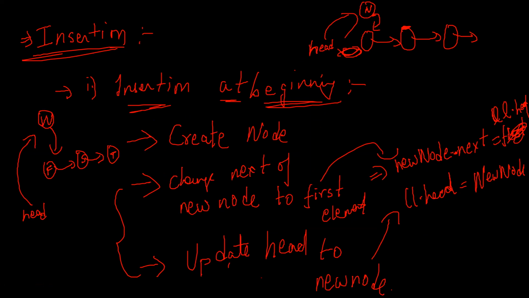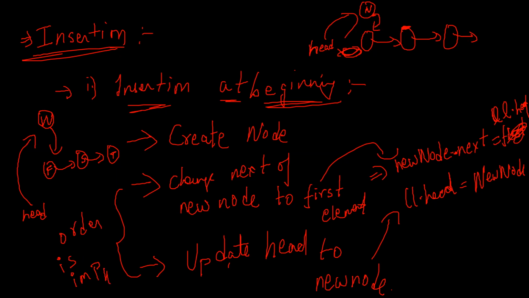But we should not do it in reverse order. You saw why: the moment I update my head to the new node, I'll lose my whole linked list. Order is important here. Yesterday some people made that mistake.